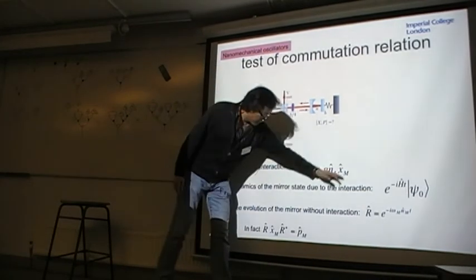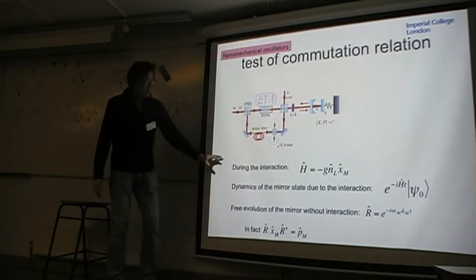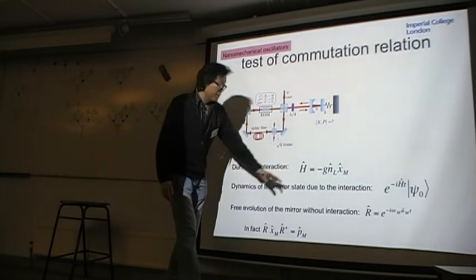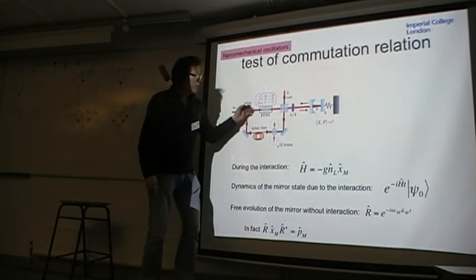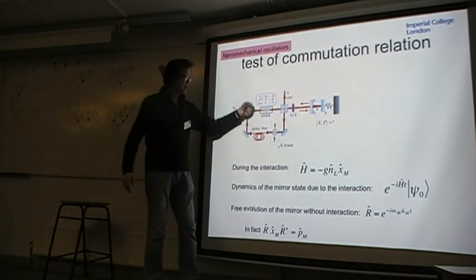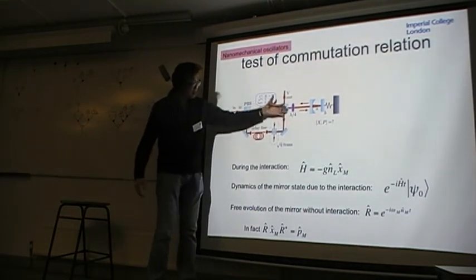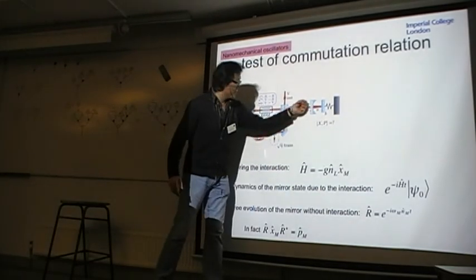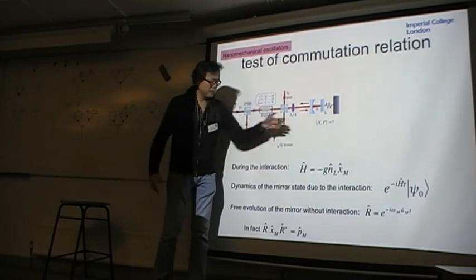So let's take this more rigorous form, and then take this Hamiltonian. In between, it interacts with the nanomechanical oscillator, and the pulse comes out and travels around this circuit, and then goes back and comes out, and then goes back and comes out, and it does this 4 times.